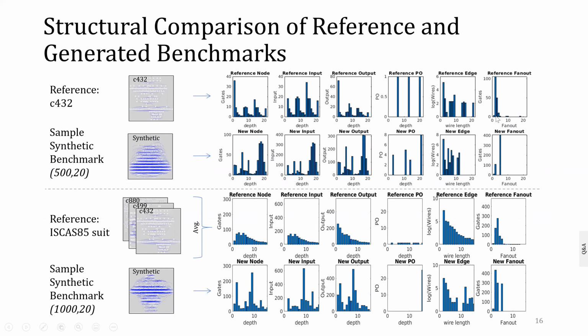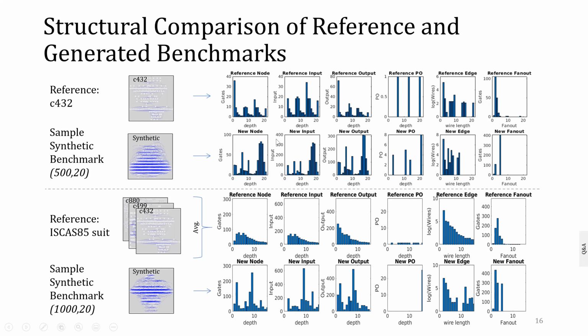The first plot here, upper two rows, represents the ISCAS 85 432 benchmark and a synthetic benchmark that is generated just based on that circuit. Now, if we look into the structure, we can see that the synthetic benchmark is very much different from the reference benchmark.